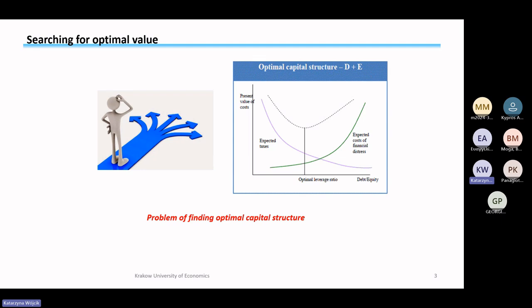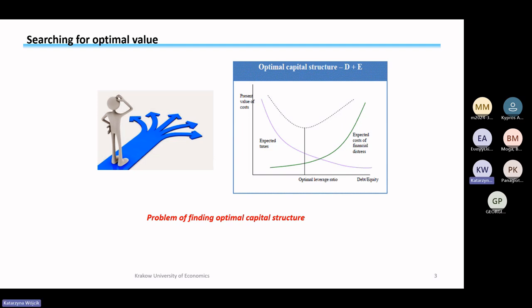In this graph, we've got it presented in a graphical way as these two lines, the purple one and the green one. And basically, the task is to find the optimal leverage ratio.